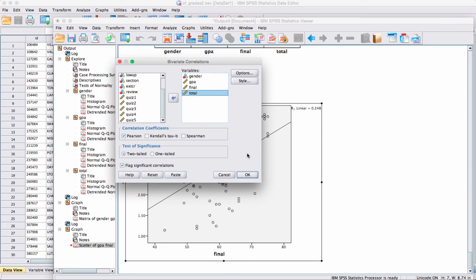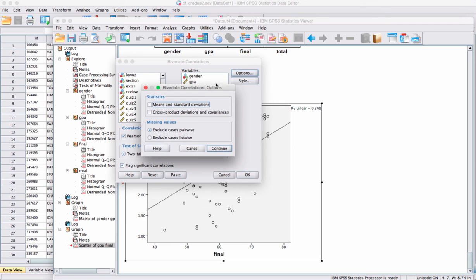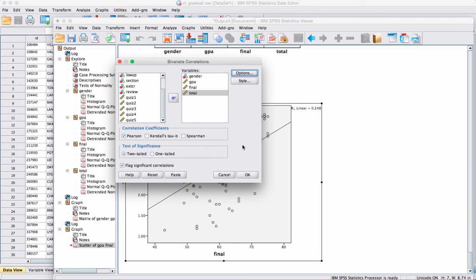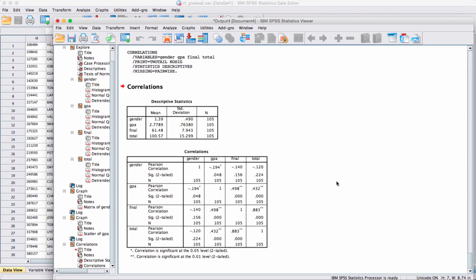And one of the things we can do in Options is get the means and the standard deviations. We did get that information from the Explore analysis. And then we can go OK.